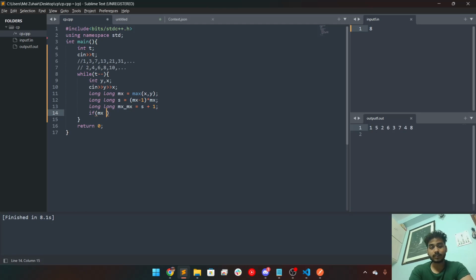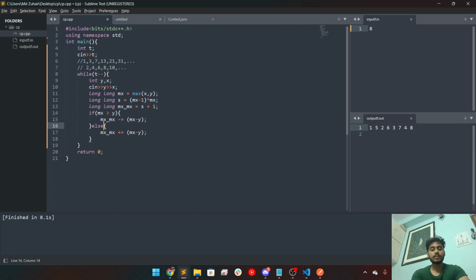If max is greater than y, then basically we need to decrease the column and hence decrease the value of max by how much? Mx minus y. Else we need to increase the value of max by mx minus y.